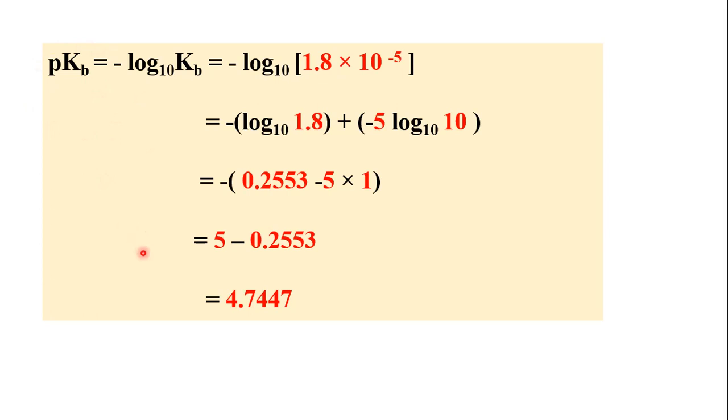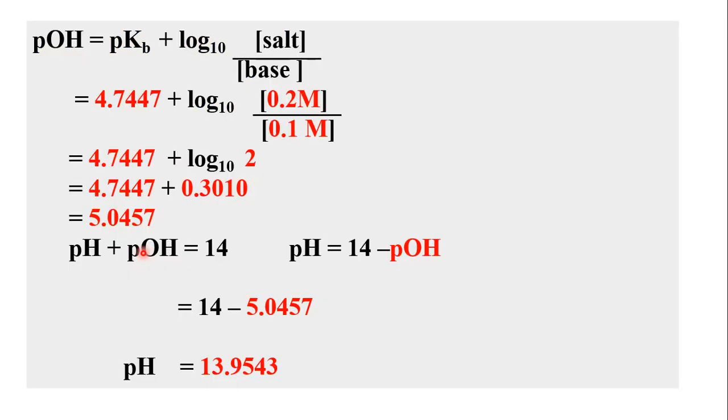Now substituting this value in Henderson-Hasselbalch equation for basic buffer. For basic buffer, the equation is like this: pOH is equal to pKb plus log to the base 10 of molar concentration of salt divided by molar concentration of weak base. And pKb is equal to how much? 4.7447 plus log to the base 10 of molar concentration of salt 0.2 and molar concentration of weak base 0.1.